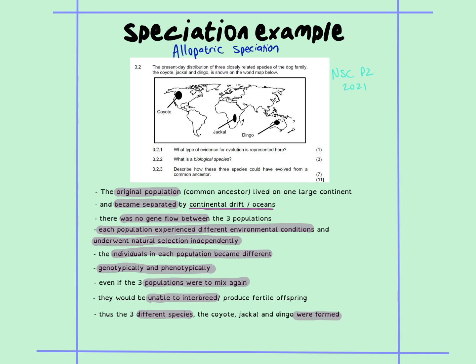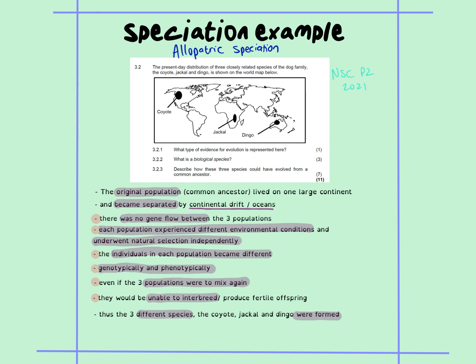So if you look again, a lot of these parts are actually quite generic. There's no gene flow. Each population experienced different environmental conditions and underwent natural selection independently. Individuals became different genotypically and phenotypically. If they mixed again, they would be unable to interbreed. Those are generic marks for whatever question you're looking at. So when you're learning speciation, you need to learn it as clearly as you possibly can.